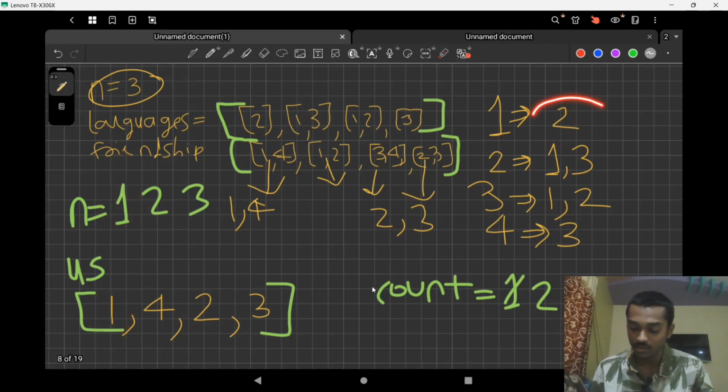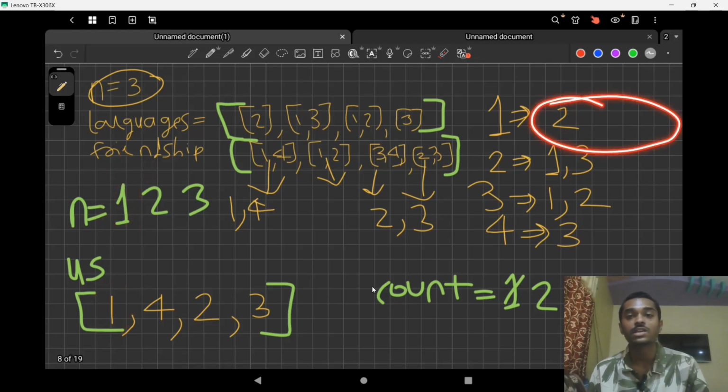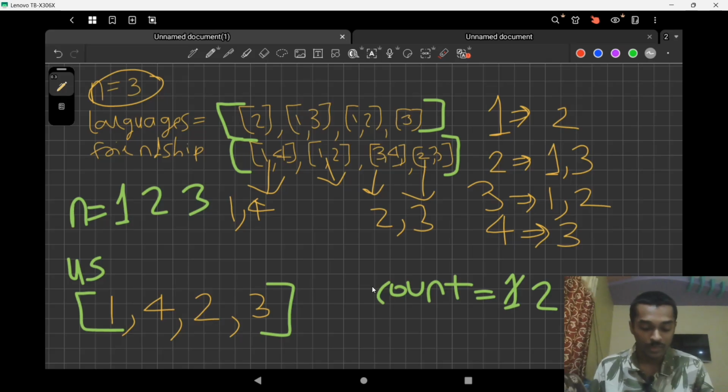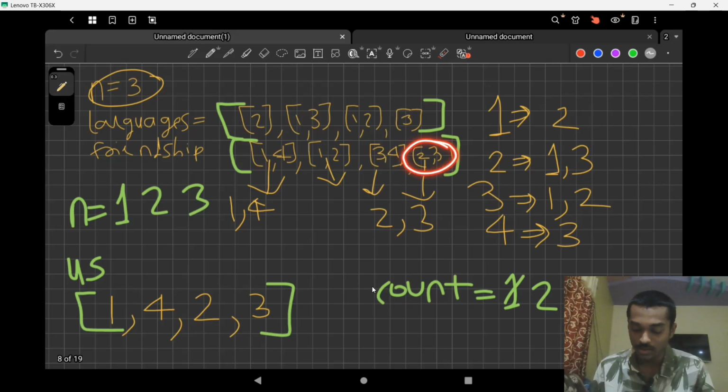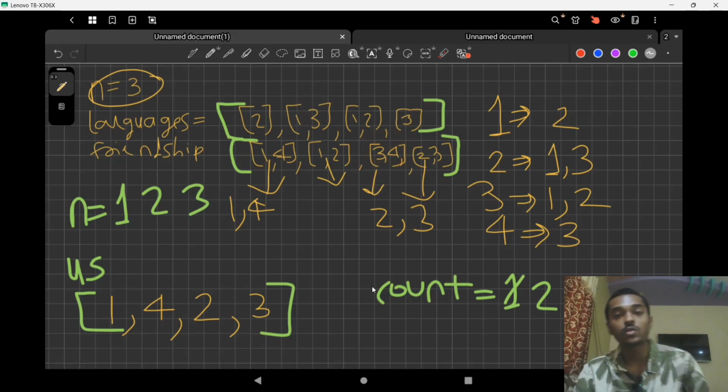So we get this set and simply check whether this set contains language one. Also, when we are creating the unsatisfied users, we have to check whether 2 and 3 can communicate, and whether 3 and 4 can communicate. For that we also need this set.